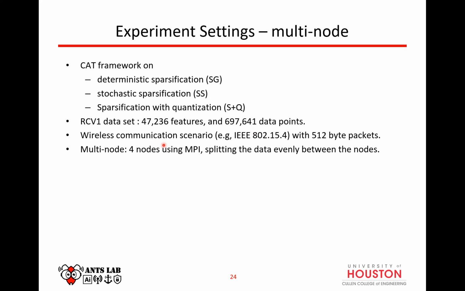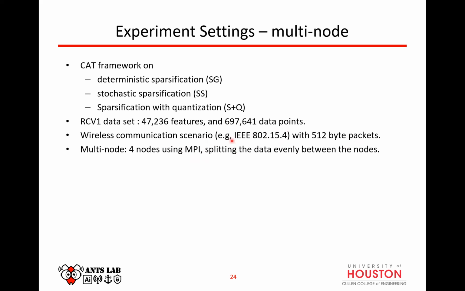And the wireless communication scenario that they assume is the IEEE 802.15.4, the low energy wireless, which has 512 byte packets of payload. That is the one that they're using. And the multi-node setup is they have 4 nodes, and the communication between them is through MPI.